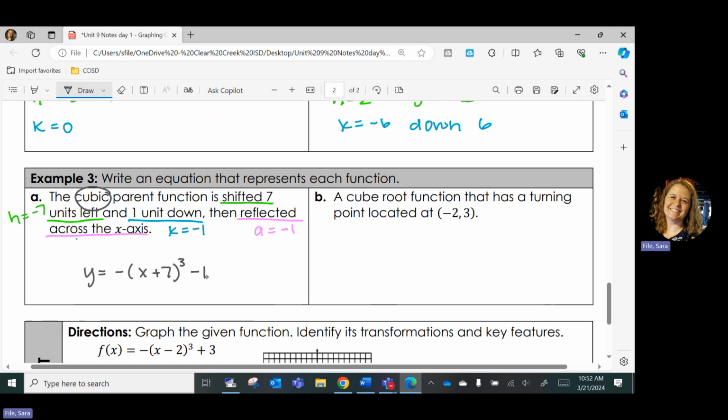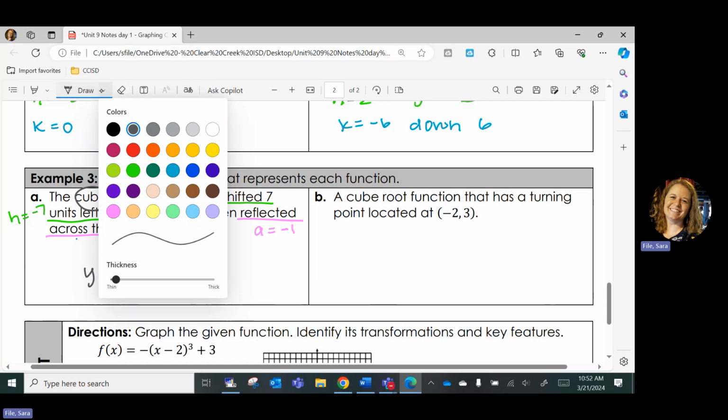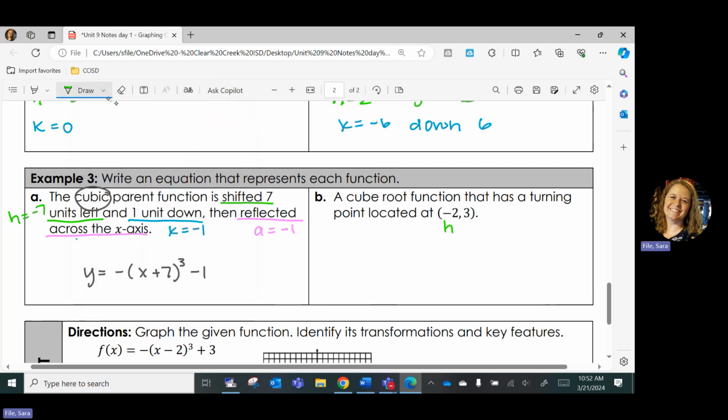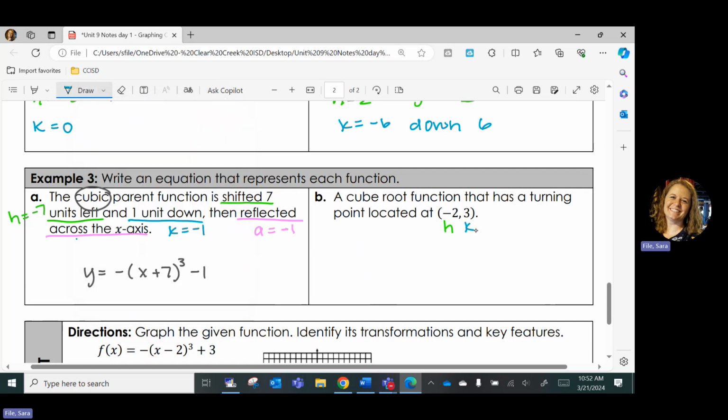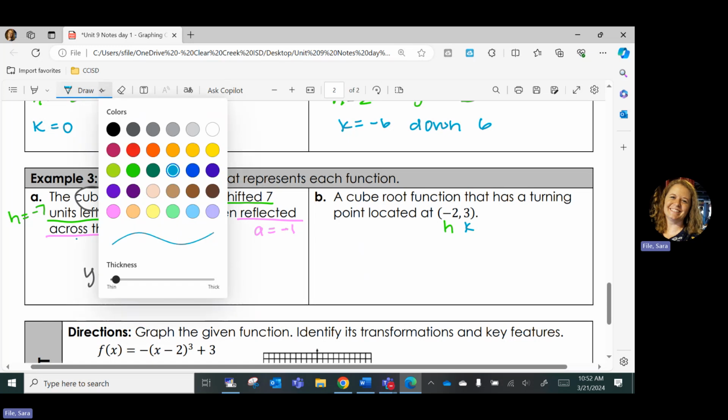And that's that. Then on B, instead of telling us the description of the shifts, they just tell us the turning point or the point of inflection. That is your H and your K. Remember, that is HK. They don't say anything about a stretch or reflection or compression, so A is assumed to be 1.